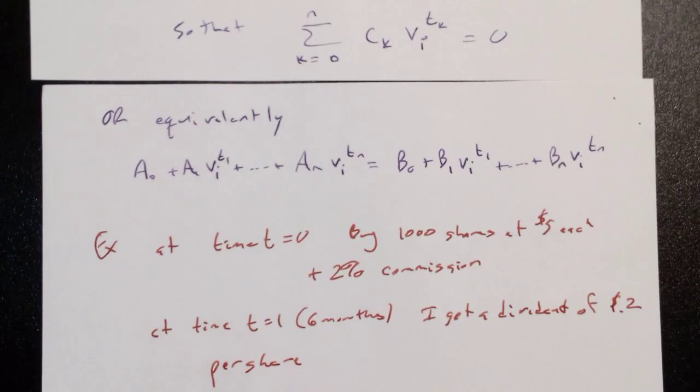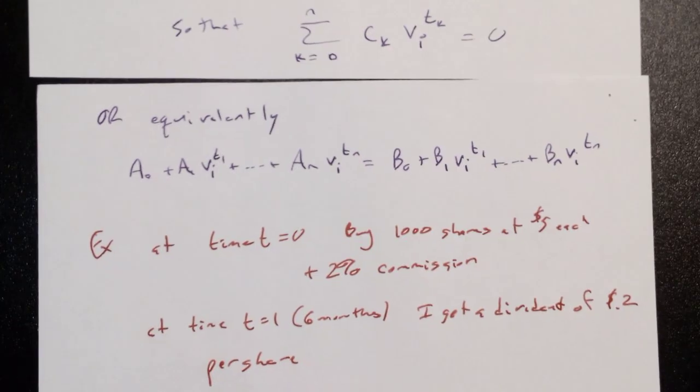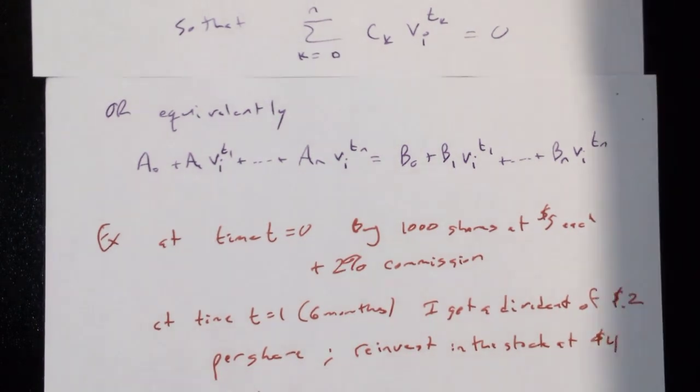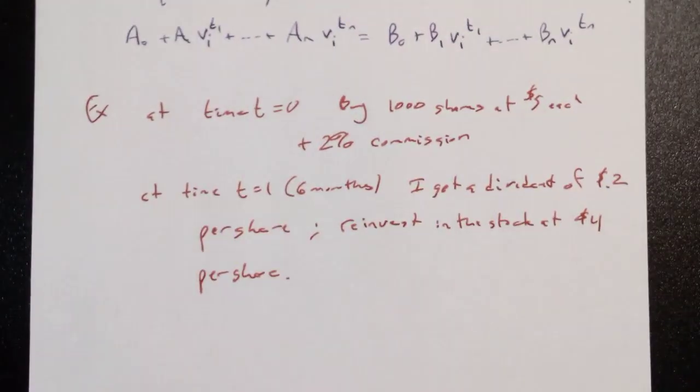But the stock price has changed in the interim. So I decide I'm going to reinvest. But the stock price went down to $4 per share. So when I buy the stock now, I pay a different price. Now, since that's a direct reinvestment, I don't have to pay a commission on it.